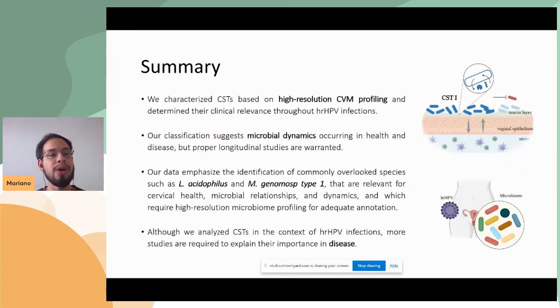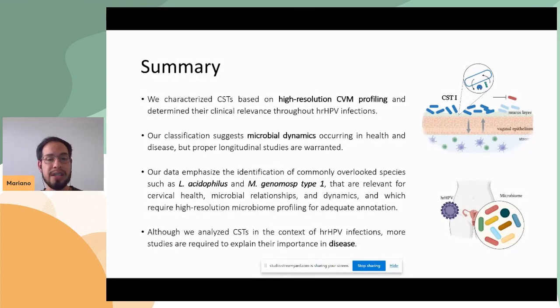So in summary, we characterize CSTs based on high-resolution microbiome profiling and determine their clinical relevance through HPV infections. Our classification suggests microbial dynamics occurring in health and disease, but proper longitudinal studies are warranted, and we are working on that right now.